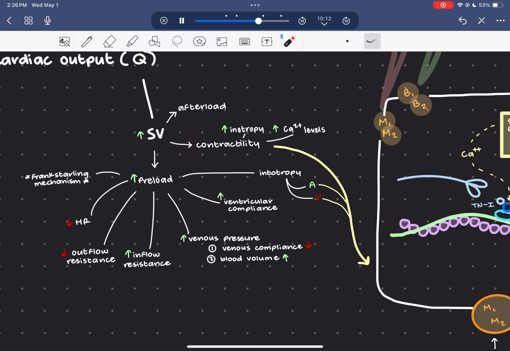So, looking at preload here, if we want to increase preload, which means that we want to have more filling into the left ventricle, then we want to have an increase in contractility and an increase in atrial inotropy. So that way we're able to get a lot more force to exert more blood out of the heart. And we want that for an increase in cardiac output.